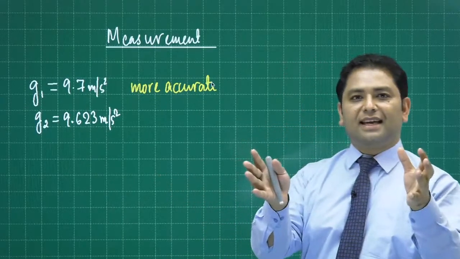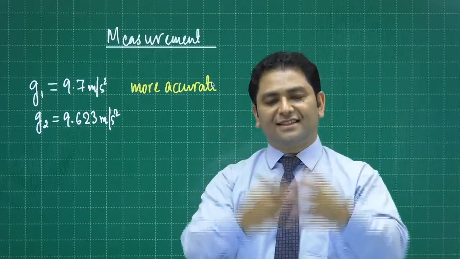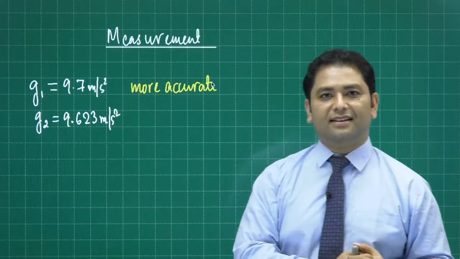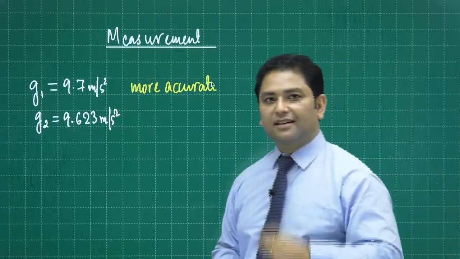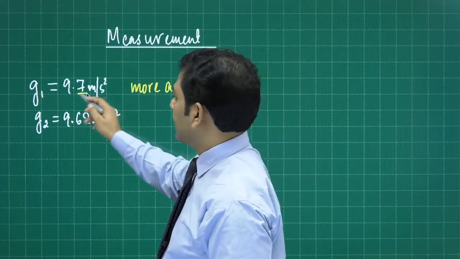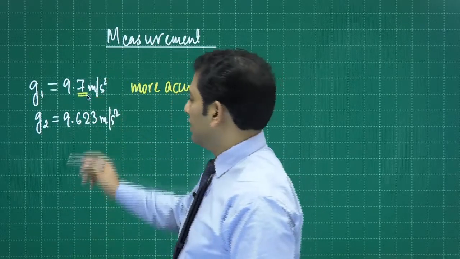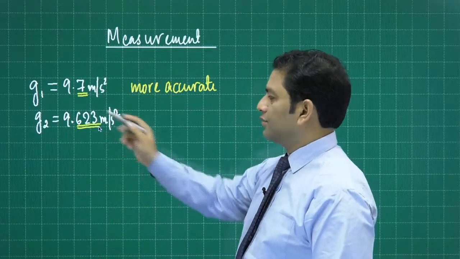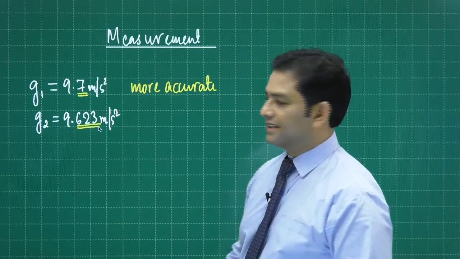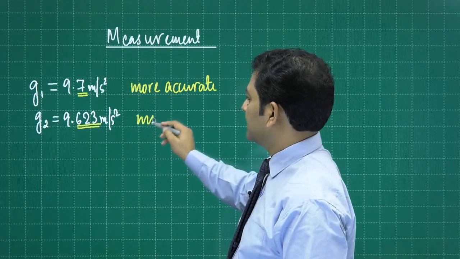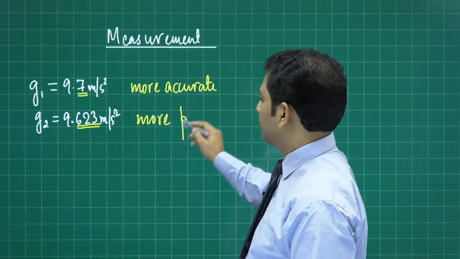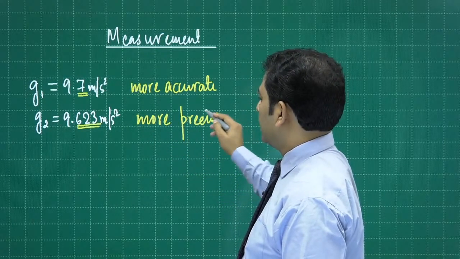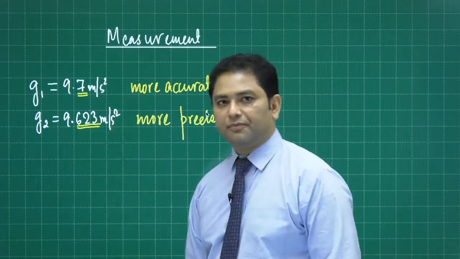Like a millimeter scale is more precise than a centimeter scale. So how do you understand the fineness? This has 1 digit after the decimal, while this has 3 digits after the decimal. So this value is more precise. So here you would see that g2 is more precise. Well, we are comparing between 1 and 2.